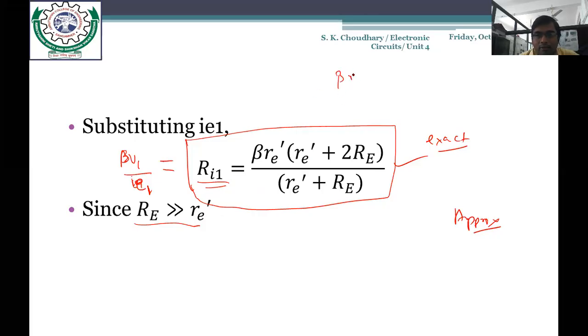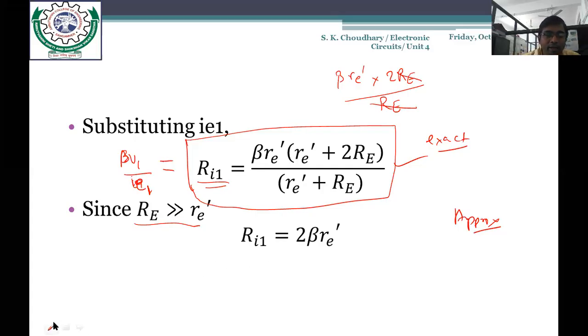So you can write down beta Re dash multiplied with twice of Re upon Re. Re would cancel out, and you would get the value of Ri1 as twice of beta Re dash. So this is the approximate value of the input resistance of one end of the differential amplifier.